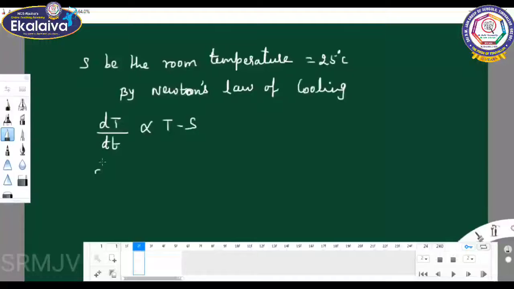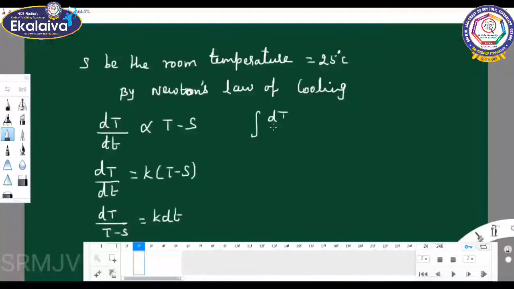Removing the proportionality, we apply k: dT by dt equals k into T minus S. So dT by T minus S equals k dt.